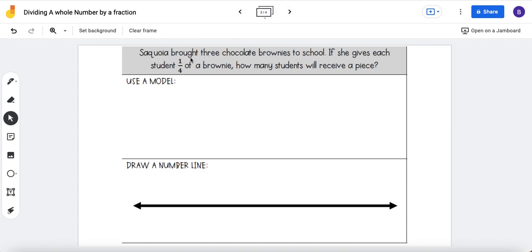Alright, so our question is: Sequoia brought 3 chocolate brownies to school. If she gives each student 1/4 of a brownie, how many students will receive a piece?